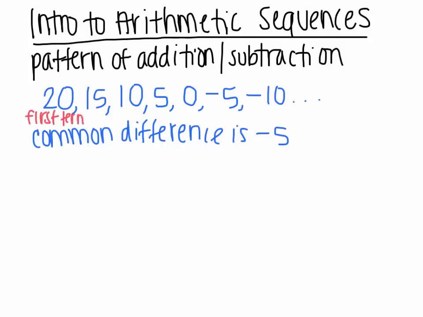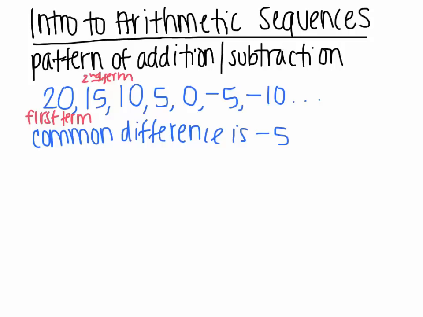The second term is 15. The third term is 10. The fourth term is 5, and so on. The ... at the end there tells you that the sequence is infinite. It goes on forever. Keep subtracting 5 for the rest of time.